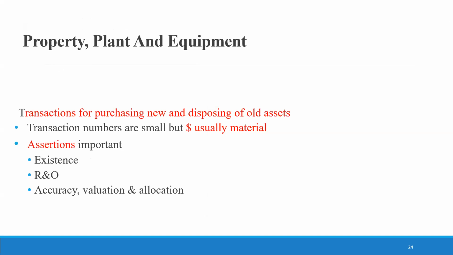By looking at it to see the existence of the item. Another assertion, rights and obligations. If you go to the factory and you see the equipment, how would you know the company has ownership of this equipment?